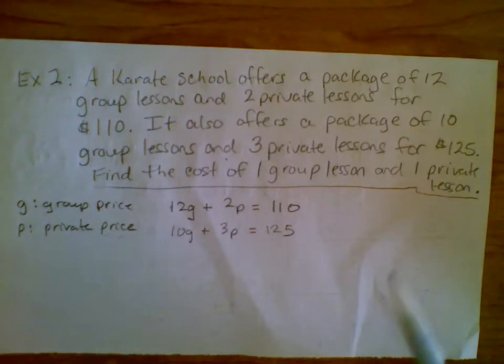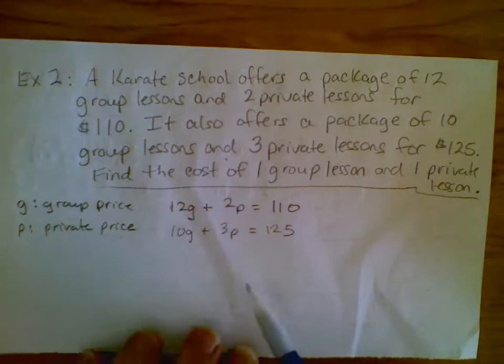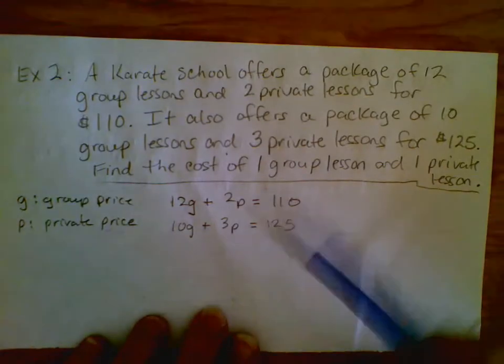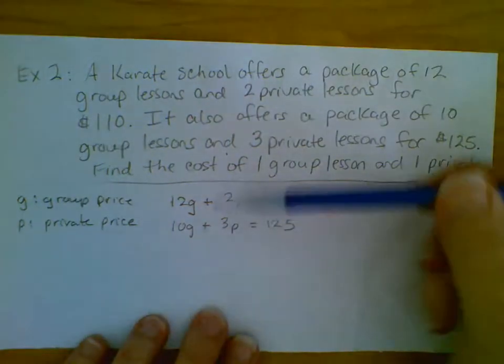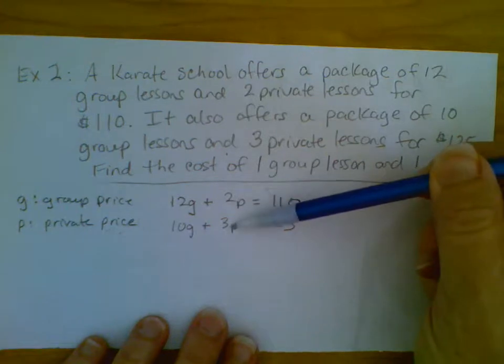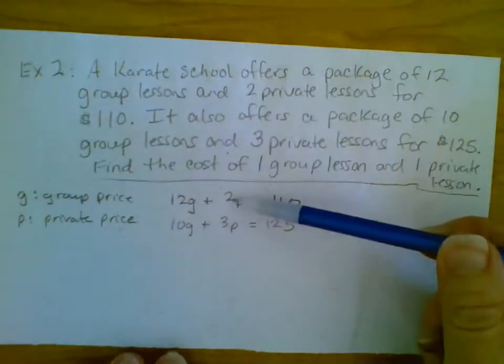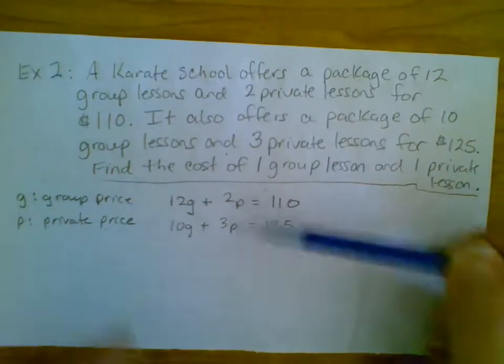Now I'm going to solve for G and P eventually, but we need to eliminate one of them initially. I kind of go for the smaller numbers, so I know if I can make this one a 6 and this a negative 6, I kind of just flip-flop, like this is a 2, so I'm going to multiply the top one by 3.